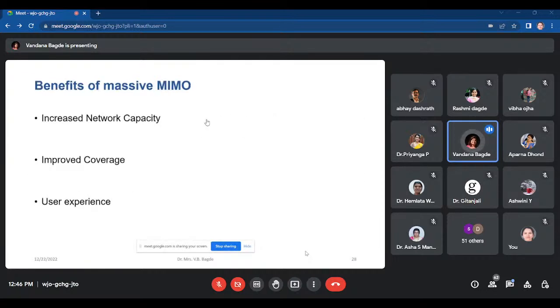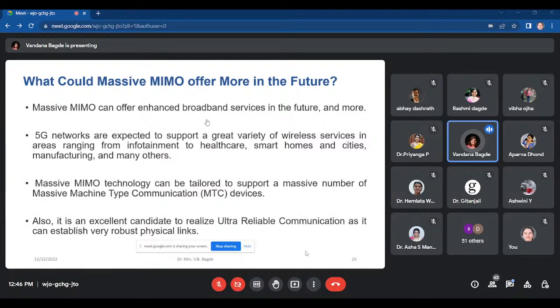Now, let us talk about what are the benefits of this massive MIMO. As I already told you, we can increase the coverage, we can increase the experience, which we never felt before, and then increase the network capacity. And what more can this massive MIMO offer to us in the near future?